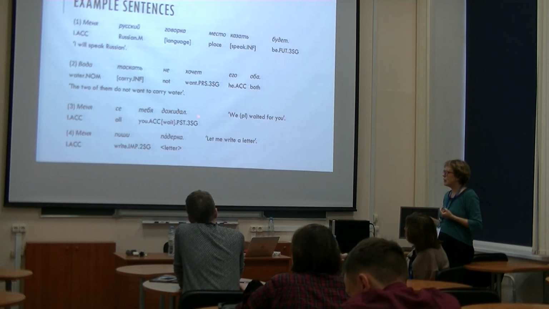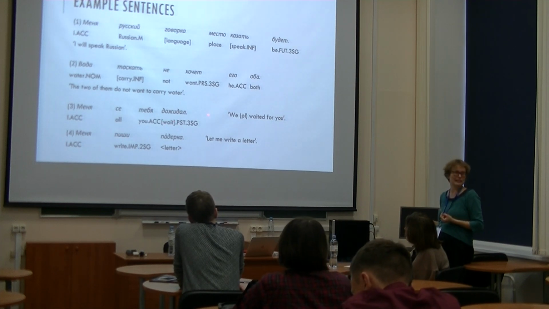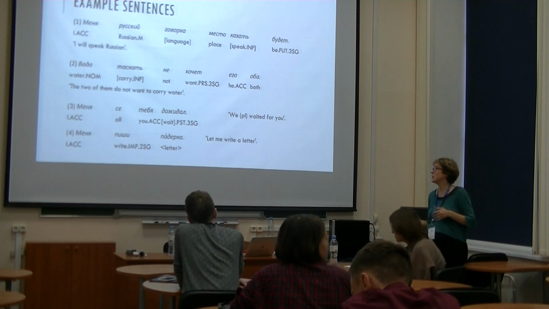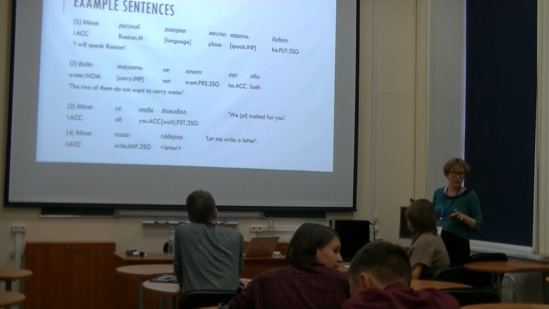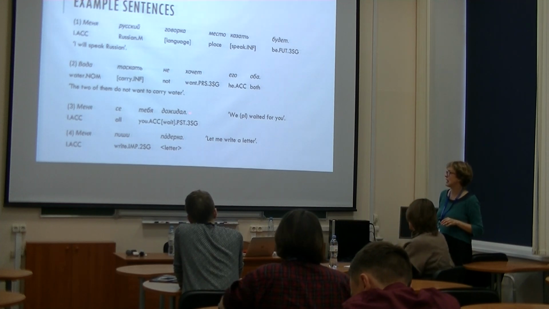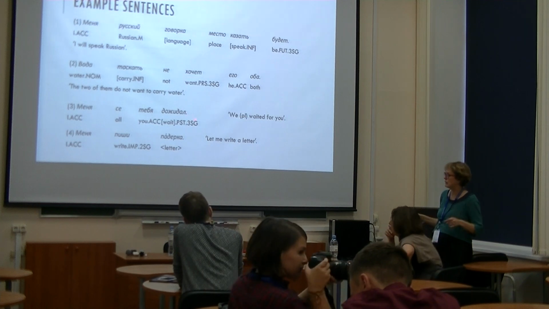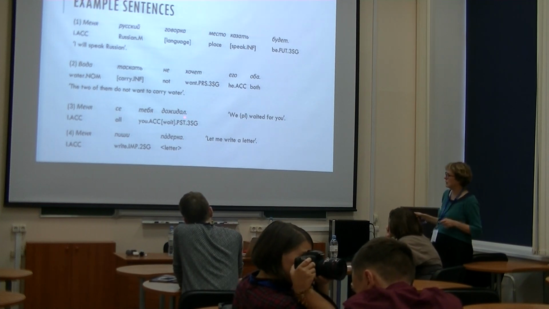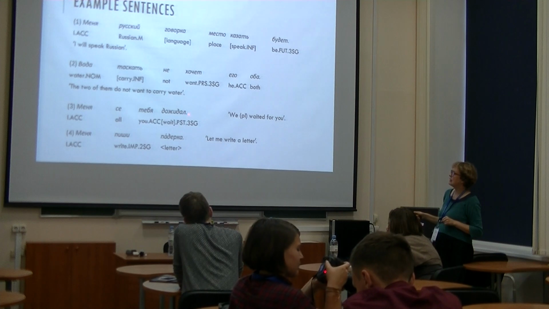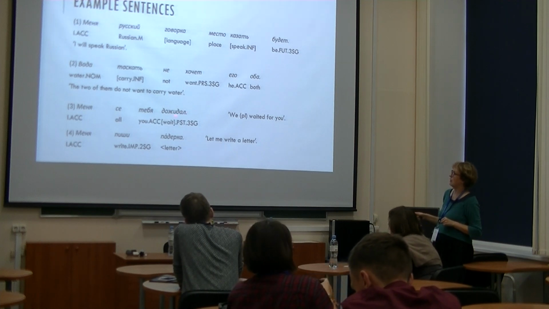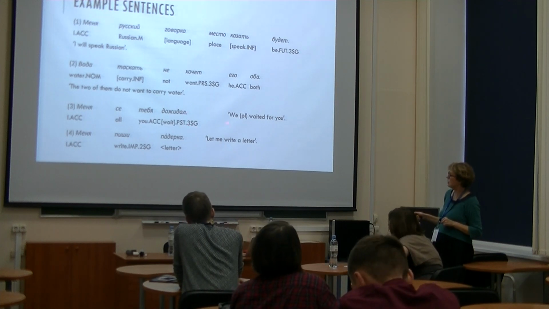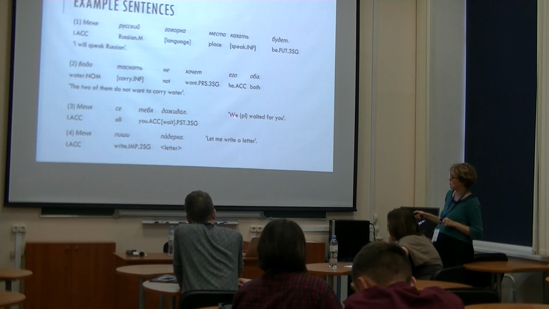This is wait, but it's lost its reflexive ending. In Russian we need to say дожидался. So it must have this affix at the end, which is reflexive or medial, which means waited. And here it has been lost. And it also is third person singular, even though it's first person plural.